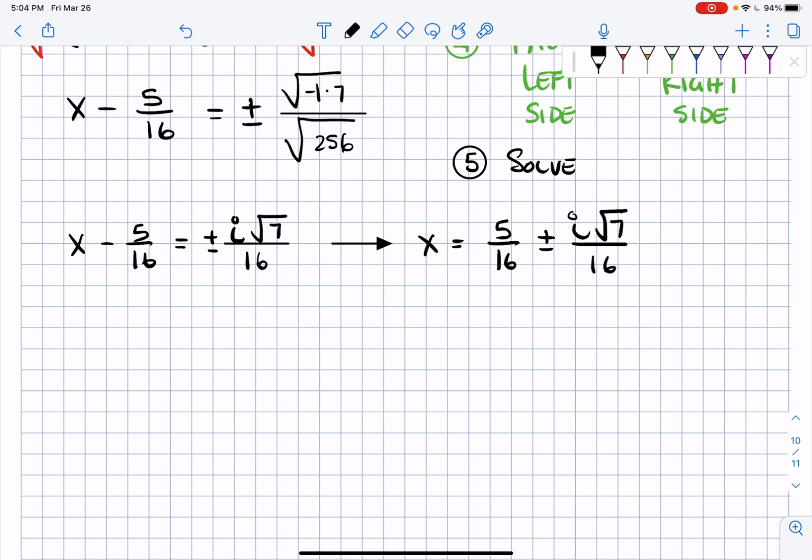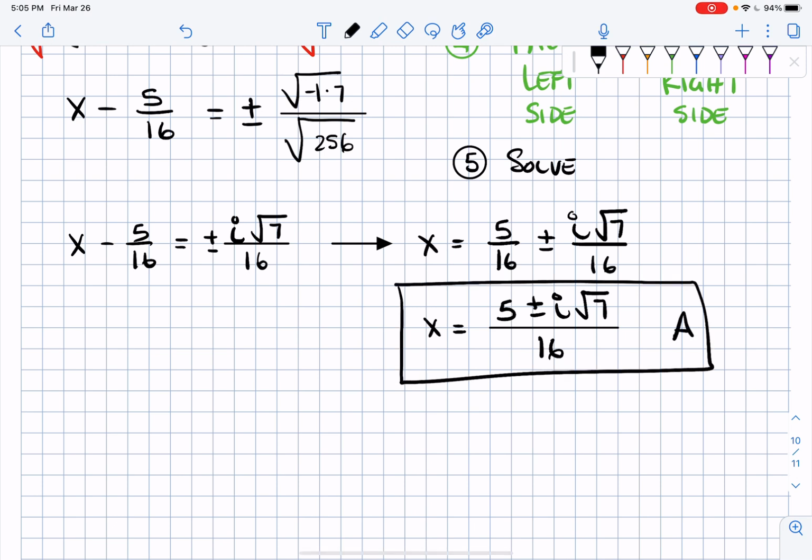Since it doesn't ask me for a plus bi form, then this is just going to be x is equal to, now, this is the same thing as adding, subtracting two fractions. Gotta get common denominators, which we have, right? When we have common denominators, what do we do? We keep the bottom, and the top we add or subtract, which is 5 plus or minus i square root of 7. And that is choice A.